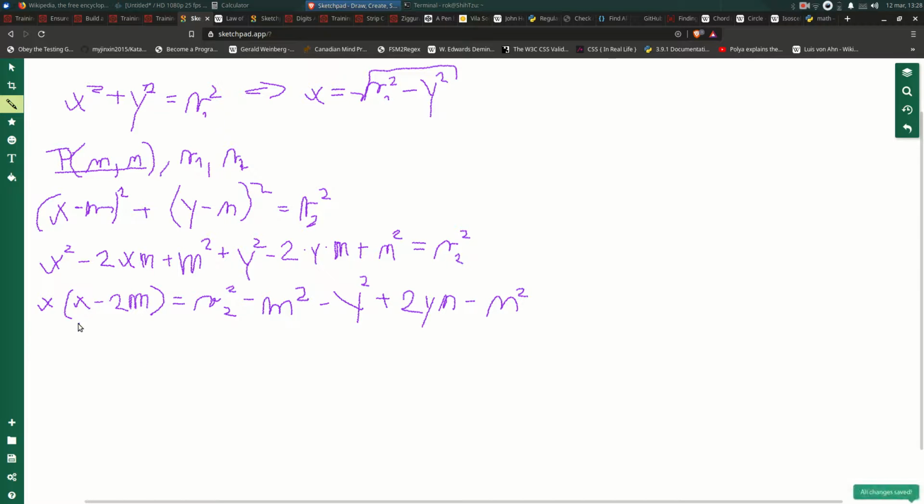So we got x, but we don't have it yet. We have to kind of get out this 2m. Right now I'm thinking about that. How could we achieve that if we go from there?